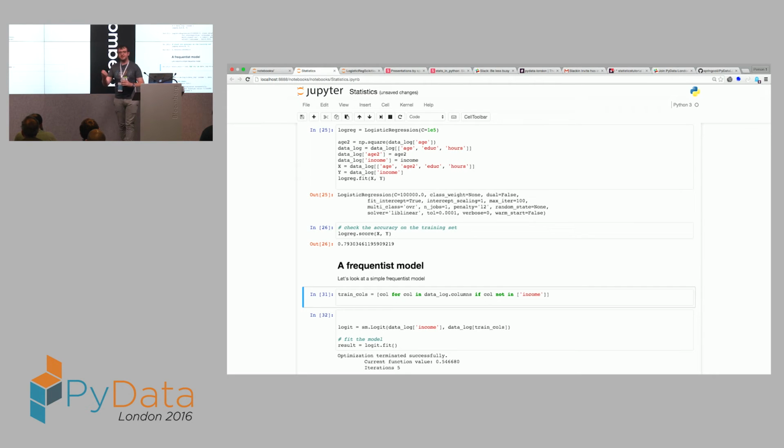A lot of people think you have to move to R or Julia, or whatever is cool these days, to do statistics. But we have good frequentist logistic regression in Statsmodels with good summary tables. People use it in production, which is a good sign, unlike Julia.